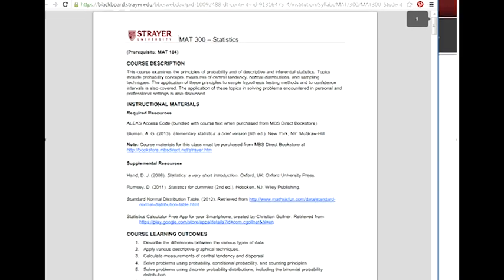This is your statistics course guide. Statistics calculator, free app for your smartphone. Okay. https://play.google.com/store/apps, etc. And so you can get a calculator for your phone that will do these things as well. Okay? So I just wanted to do that real quick and see if we could find that.